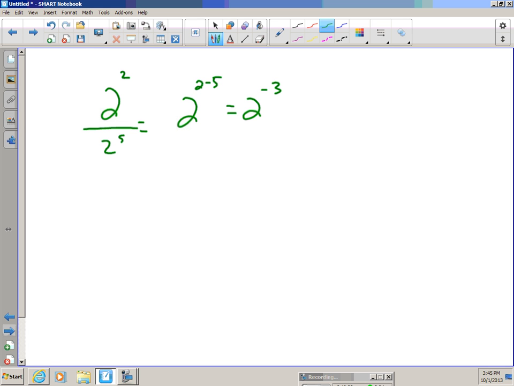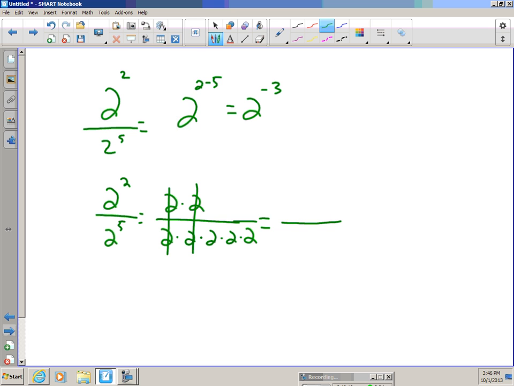Well, we also learned, and did this in one of the earlier videos, that 2 squared is 2 2's, 2 to the 5th is 5 of them, and that we can mathematically simplify this by crossing out the common 2's in the numerator and denominator. When everything is crossed out, I'm left with 1 in my numerator and 2 to the 3rd power in my denominator.